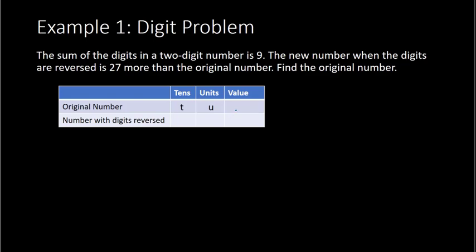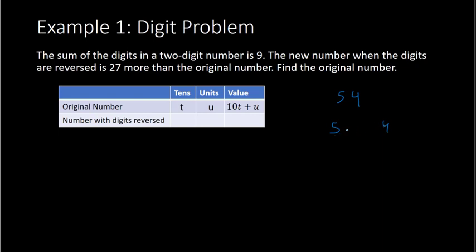Now the value of that number is found by taking 10 times the tens place plus 1 times the units place. If you don't understand that, let's use an actual example. So this is not the number, but for example, if we had the number 54. Just looking at the numbers 5 and 4, the tens place and the ones place.